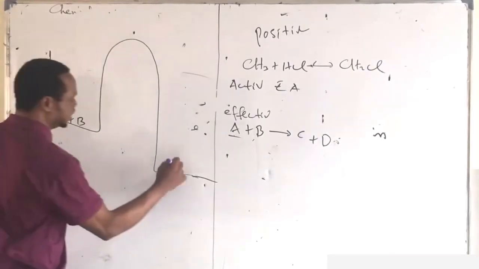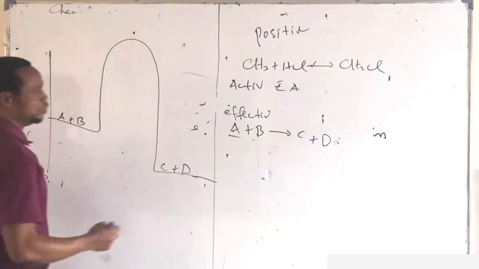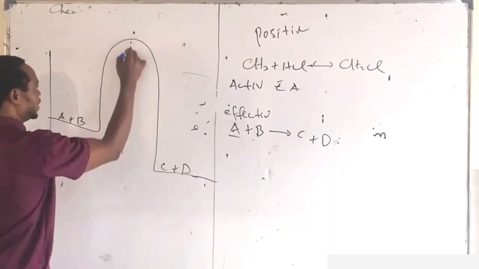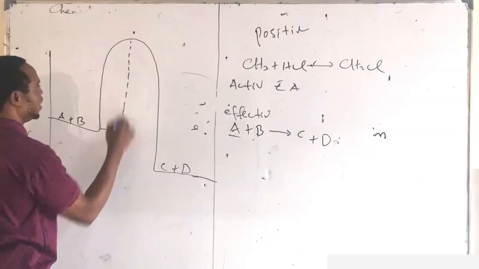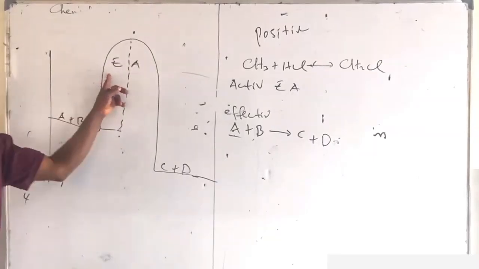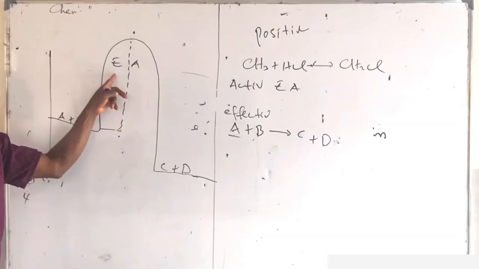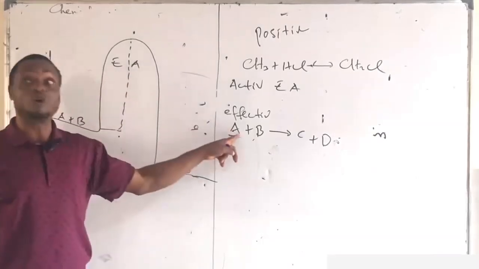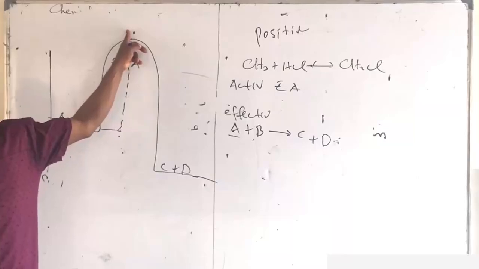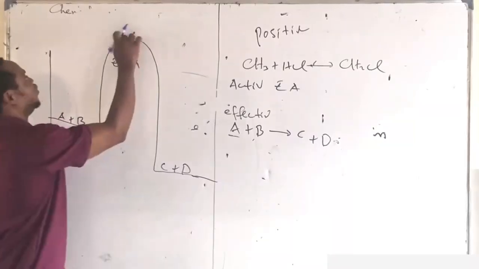We have C plus D for the product. Then from the reactant side, from here to this side is called activation energy, which we use EA to represent. This is the energy that these colliding particles must overcome before we can have effective collision.